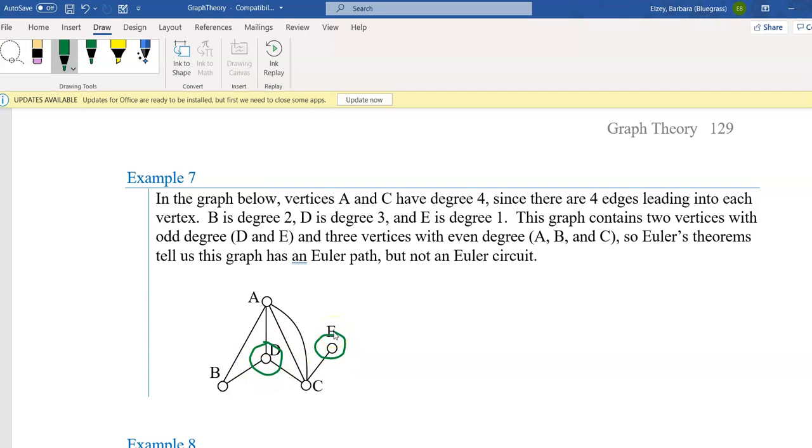Now remember what it said up above. It will have an Euler path if it has all even vertices, or it has even vertices and two odd. So it has an Euler path, but it does not have an Euler circuit, because an Euler circuit requires that it have all even vertices.